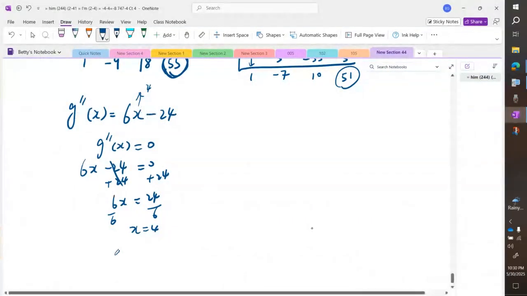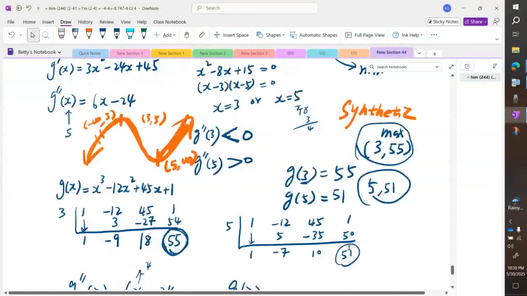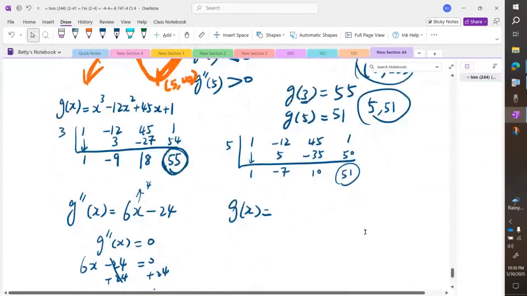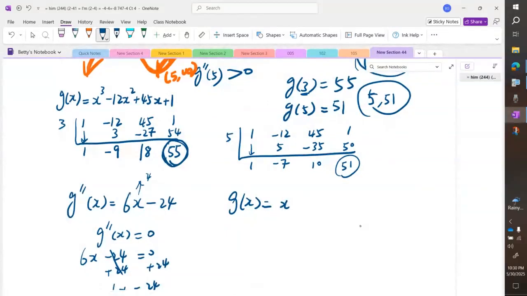The y coordinate is going to be g of 4, right? g of x is the original polynomial, x cubed minus 12x squared plus 45x plus 1. Double check, x cubed minus 12x squared plus 45x plus 1.